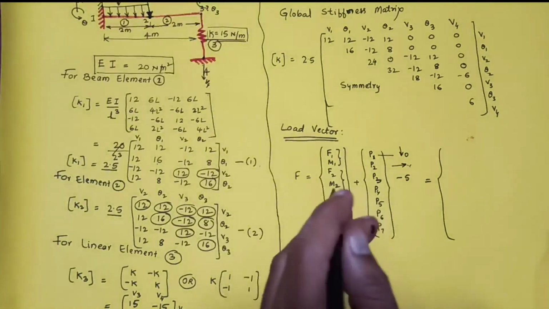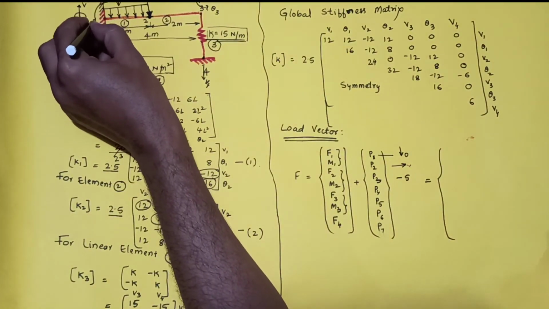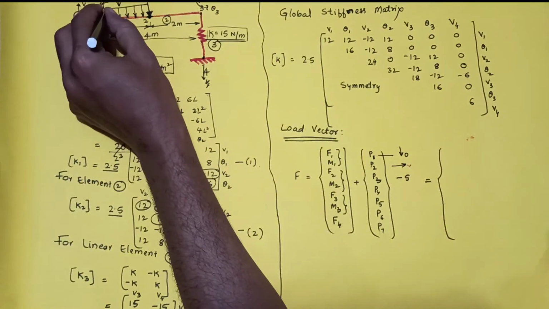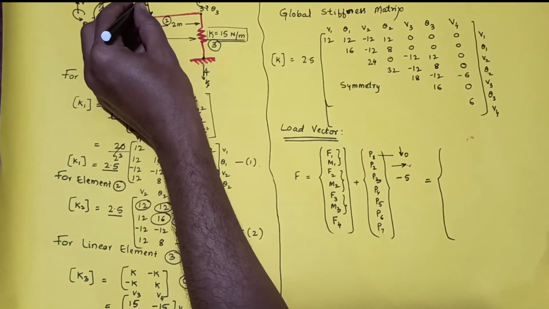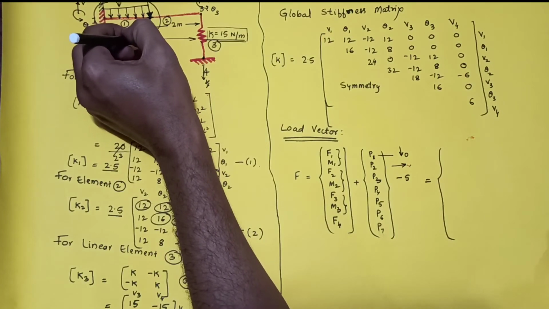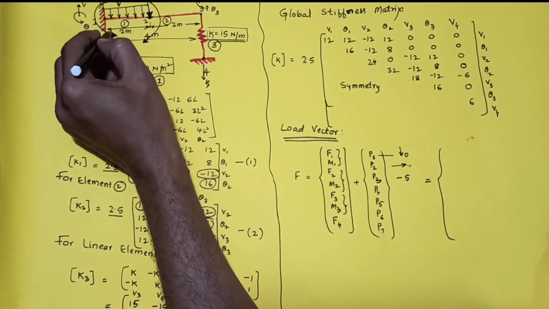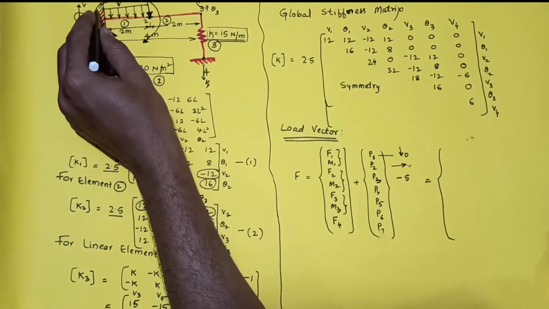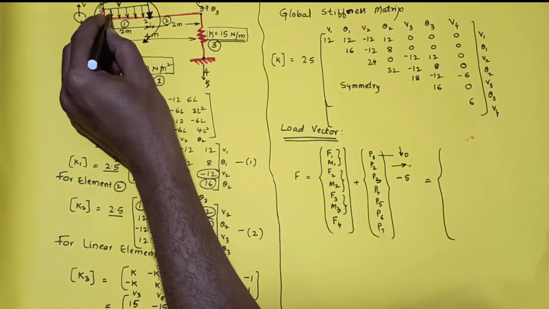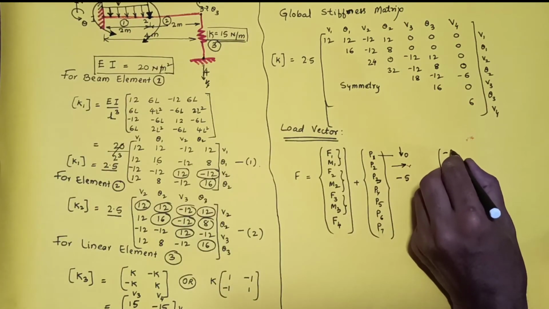Minus will be taken because one force is taken in the anticlockwise direction and one more force in the clockwise direction. Anticlockwise is taken as sagging here, and these forces are acting downward, so it will be minus.